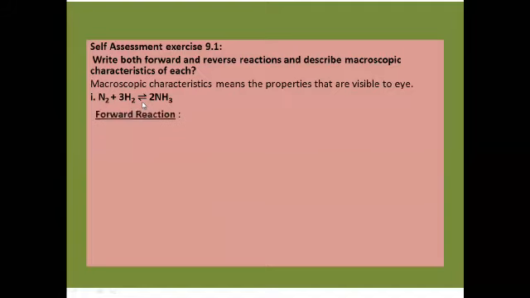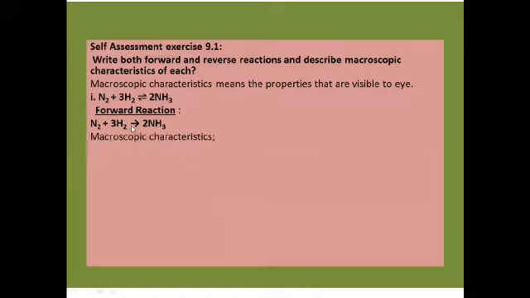The forward reaction is nitrogen gas reacting with 3 moles of hydrogen gas to produce 2 moles of ammonia. Nitrogen and hydrogen gases are the reactants and ammonia is the product.